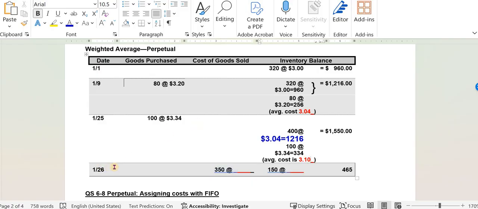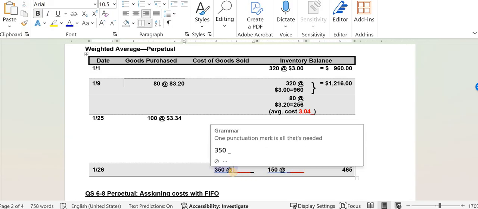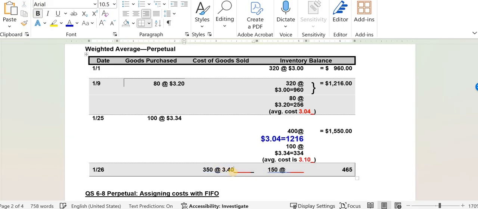Now, I sold stuff on January 26th. What do we do now? We have to figure out cost of goods sold. I sold 350 units. My average cost is $3.10, not $3.40, $3.10. I multiply 350 times $3.10, and my cost of goods sold is $1,085.